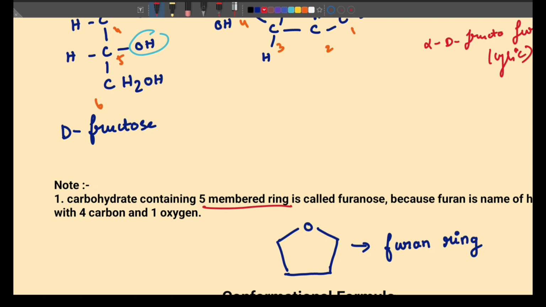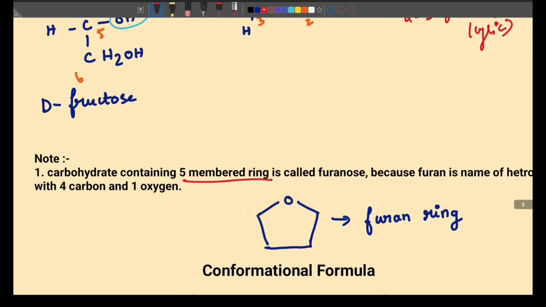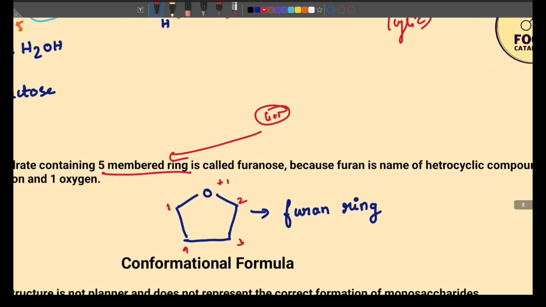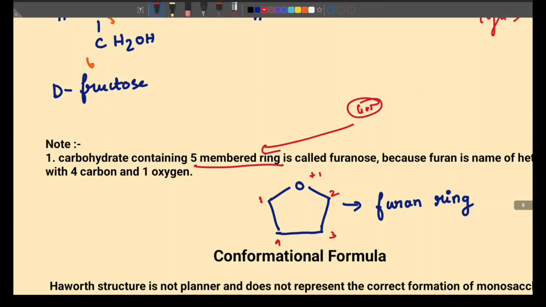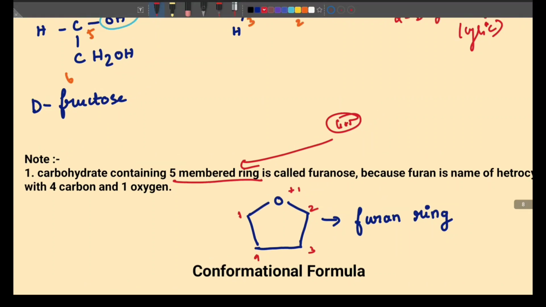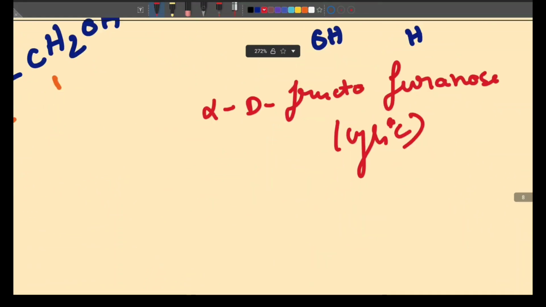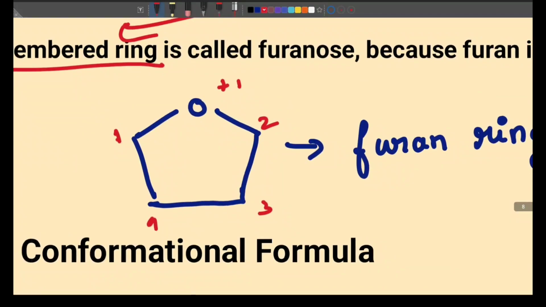This is not 6-membered because it consists of how many carbon? 1, 2, 3, 4. 4 carbon and 1 oxygen. So 4 plus 1, 5-membered ring. Furan is a heterocyclic compound made up of 4 carbon and 1 oxygen. This is the structure of furan, and as you can see, the same structure is here. This is the furan ring.